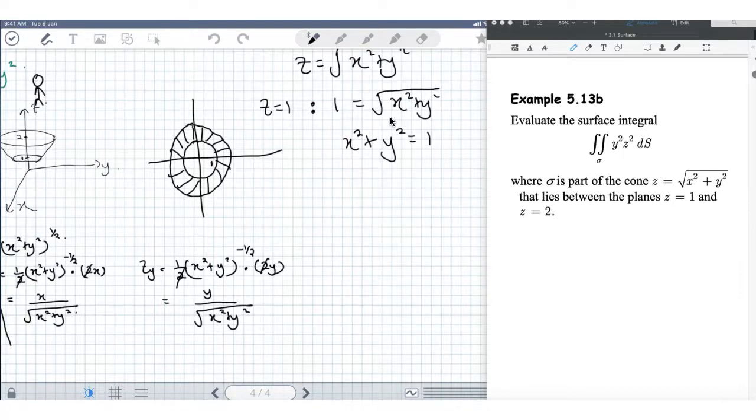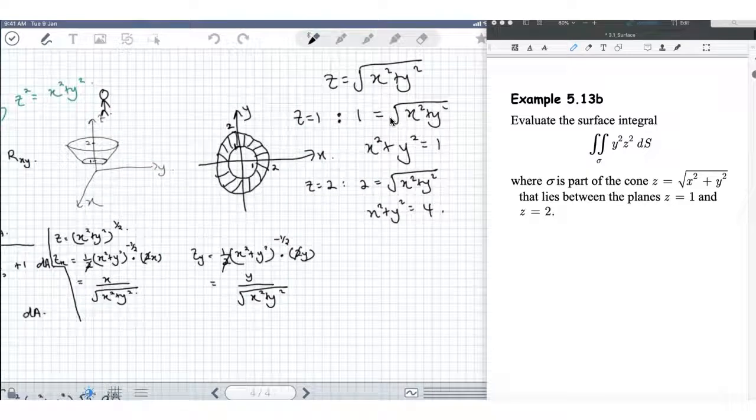And how about when z is equal to 2? You replace 2 equal to the square root of x squared plus y squared. Then this will give you a circle with radius 2. So you have 2 here, and 1 on the xy plane.